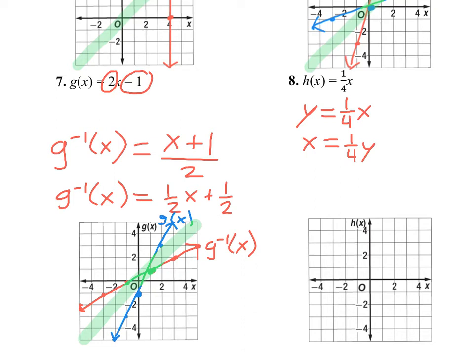The way you would solve for y is multiply both sides by 4. So if I multiply that by 4, I get y. If I multiply x by 4, I get 4x. And then change it to function notation. So that'll be h inverse of x equals 4x.